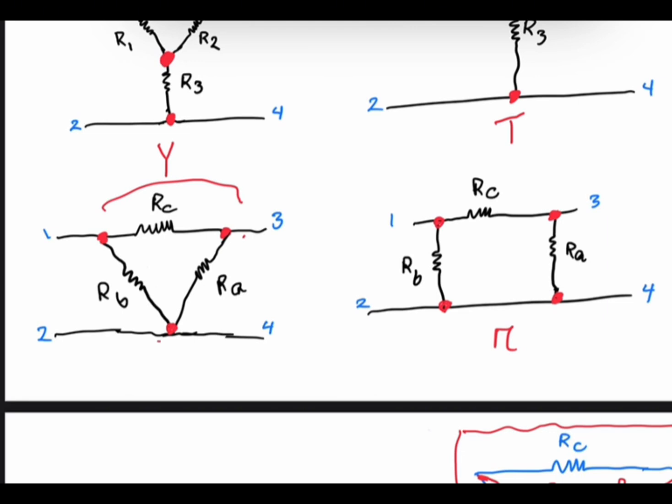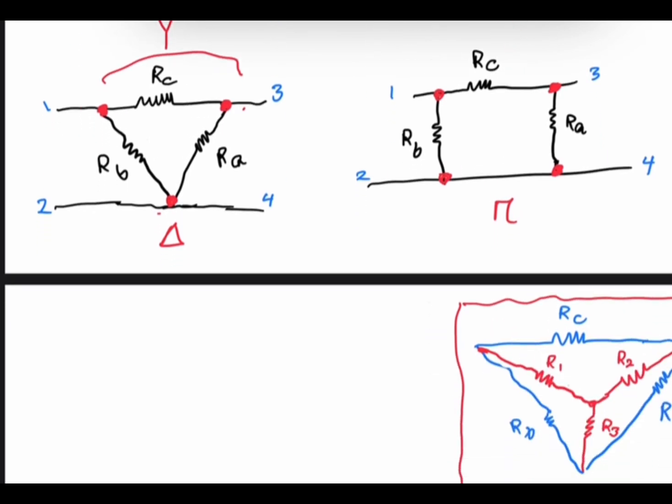This RA is also connected to two outer nodes. We call it a delta network, and similar things apply for the pi network. In the pi network, we have RC between two outer nodes, RB between two outer nodes, and RA between two outer nodes.